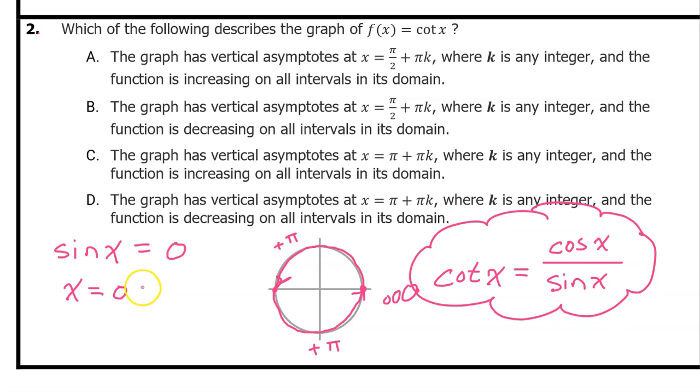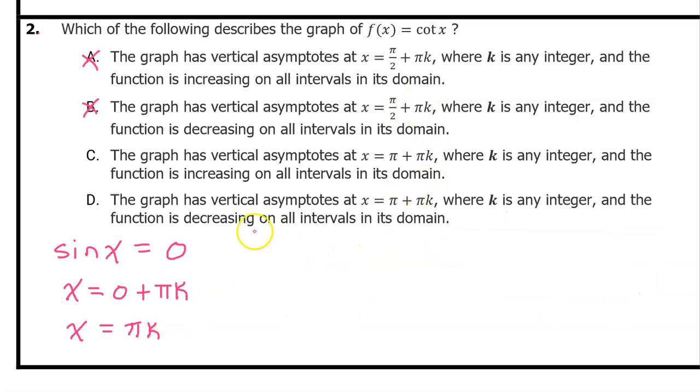Therefore, we can get all of the solutions by adding multiples of pi. That will be pi k, where k is any integer. And we don't really need the 0. So an equation for all of the vertical asymptotes will be x equals pi k, where k is any integer.